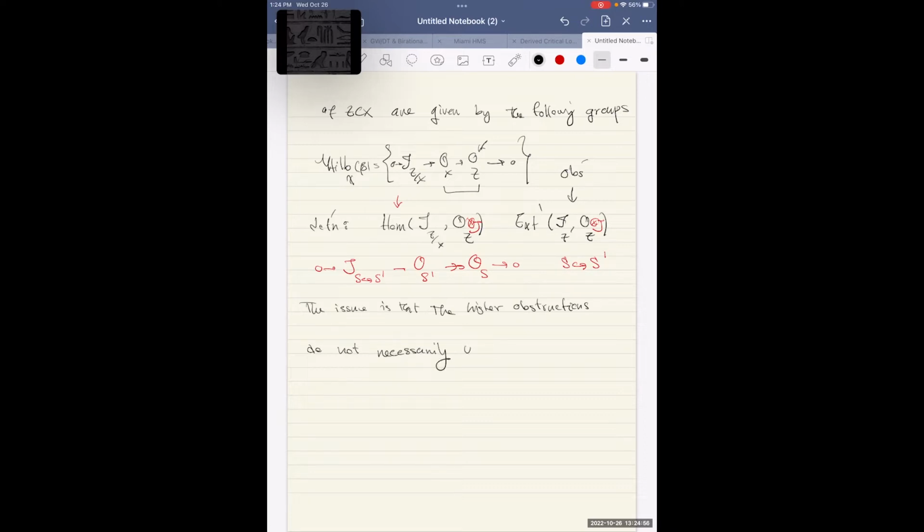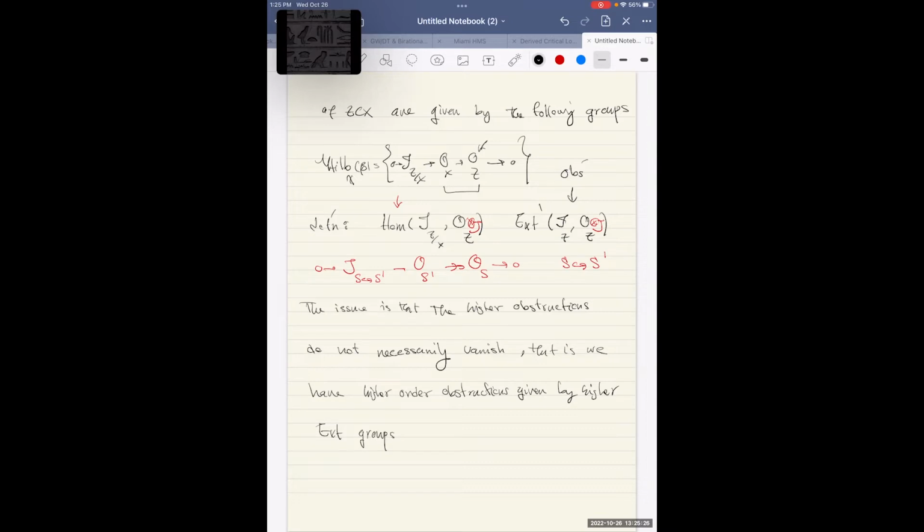That is, we have higher order obstructions, higher order obstructions to obstructions, given by higher Ext groups.